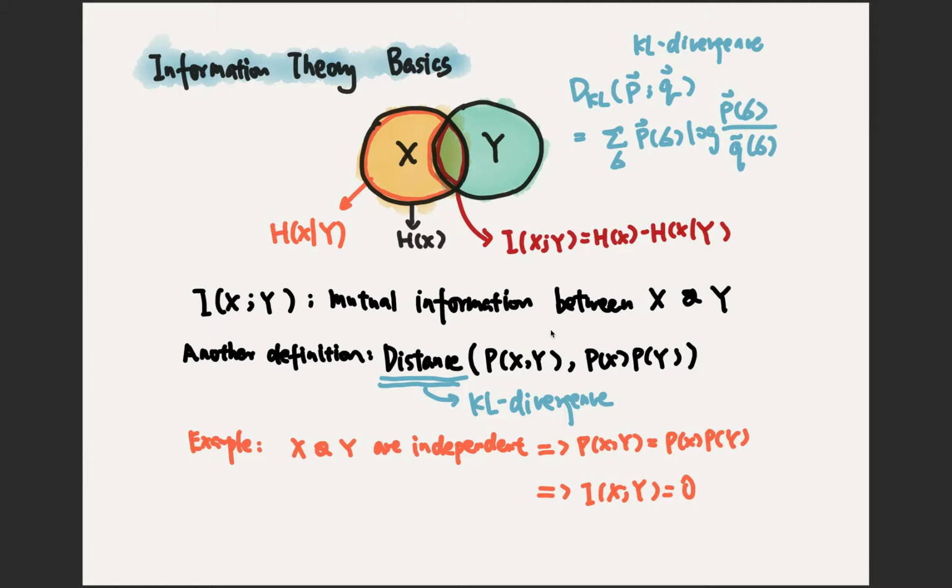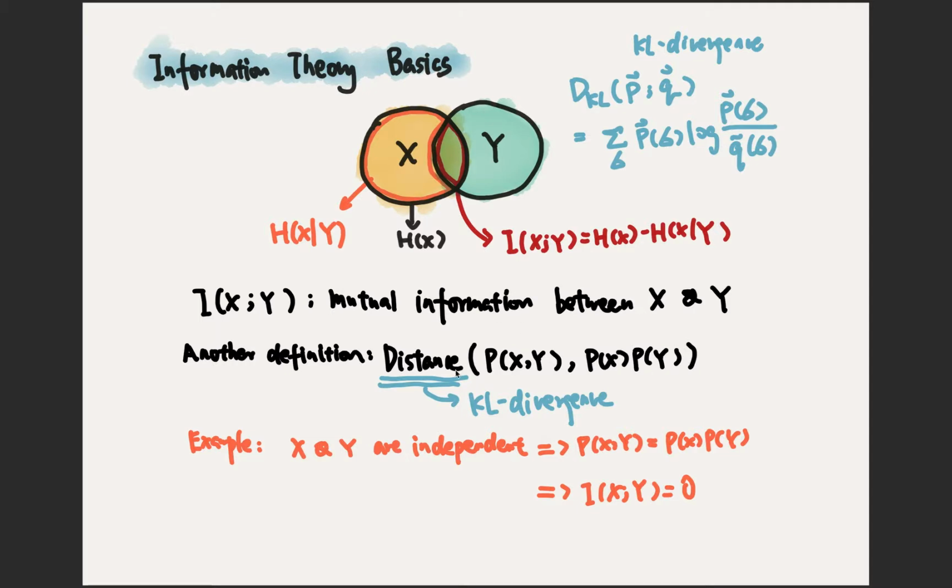If x and y are independent, there is no correlation there, and the joint distribution always equals the product of the marginal distributions. Intuitively, we can use the distance between the joint distribution and the product of the marginal distributions to represent the correlation, the mutual information between x and y.